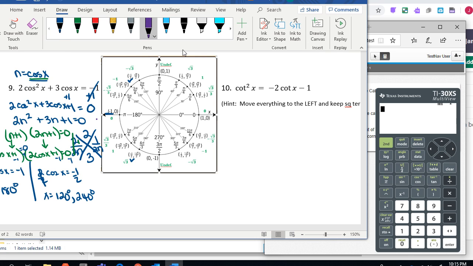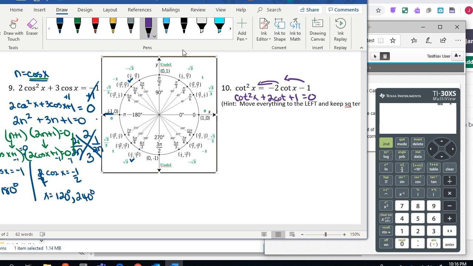All right, next one. This one, we want to move both of these over to this side because we want our squared term to stay positive. So this is going to end up being cotangent squared x plus 2 cotangent plus 1, because that's what I would have to do to this side, do the opposite, equals 0.